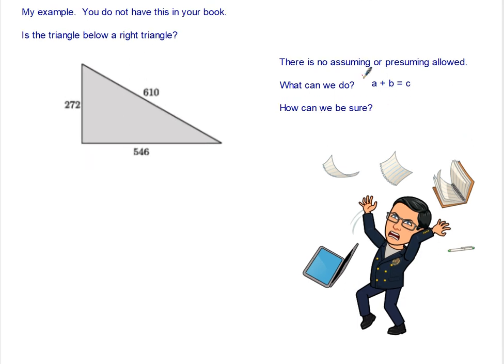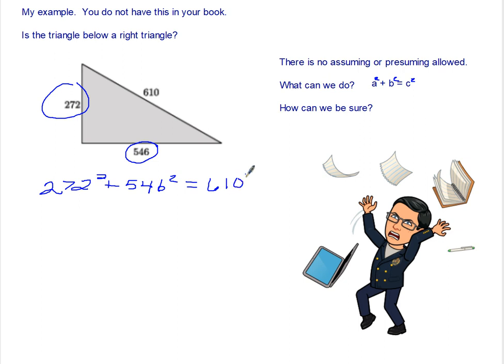If that is the case, then it's going to work out, and we're going to go ahead and try solving that. So we're going to have our A and our B, which is both of our legs. So 272 squared plus 546 squared equals 610 squared.